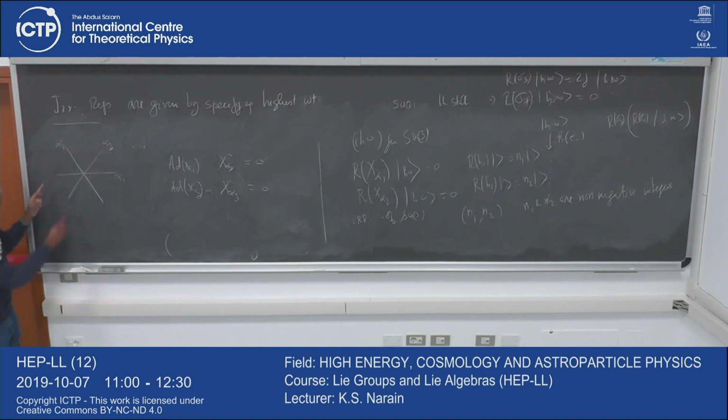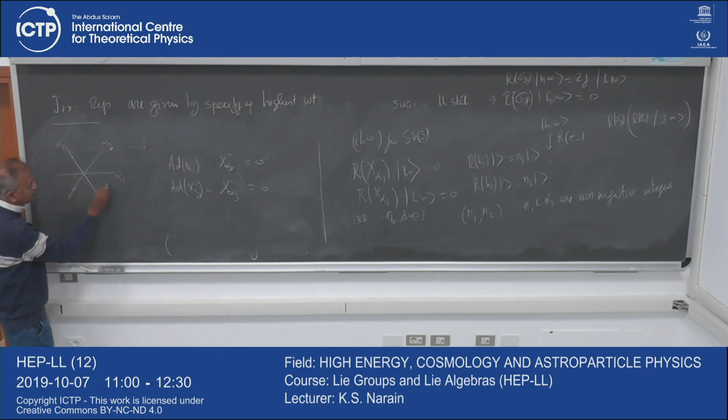If I had chosen this one and this one as my raising operators, then this would be the highest weight. It's just a matter of relabeling, of different choices of the definition of raising operators. It's just a matter of reordering things. You will get the same representation. It is not a different representation.